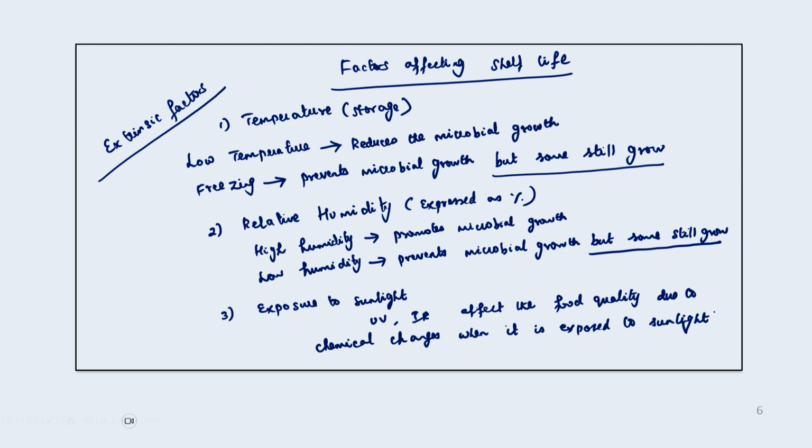Due to the presence of ultraviolet rays and infrared radiation, chemical changes occur in some food items, because of which their quality gets deteriorated.